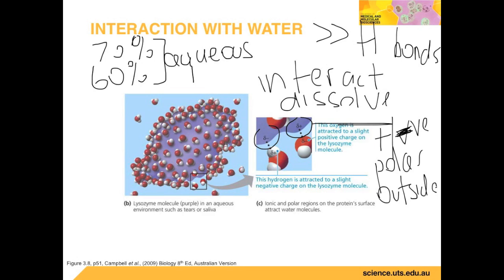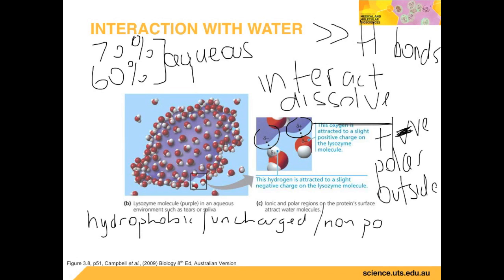Therefore, compounds that are hydrophobic, uncharged, or non-polar do not dissolve in water. But on the other hand, compounds that are hydrophilic, that are charged, or that are polar, do dissolve in water.